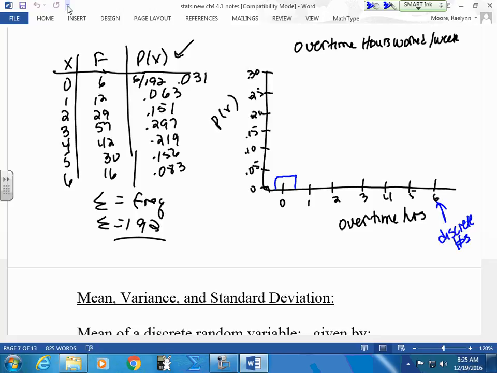The next one says 0.063. It's a little bit more than like 6 cents. The next one is a little over 15 cents. Just think money. Then close to 30 cents. Then 21 cents. 22 cents.